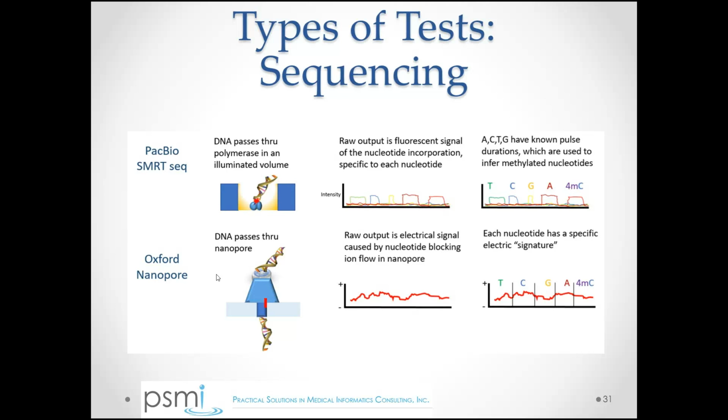In the Oxford nanopore method, the DNA itself is passing through the nanopore, and each base, as it passes through, gives a slightly different electrical signal. So some people would say the nanopore technology is fourth generation because it's direct reading. It differs from the others in that it's not really using the Sanger dideoxy method.